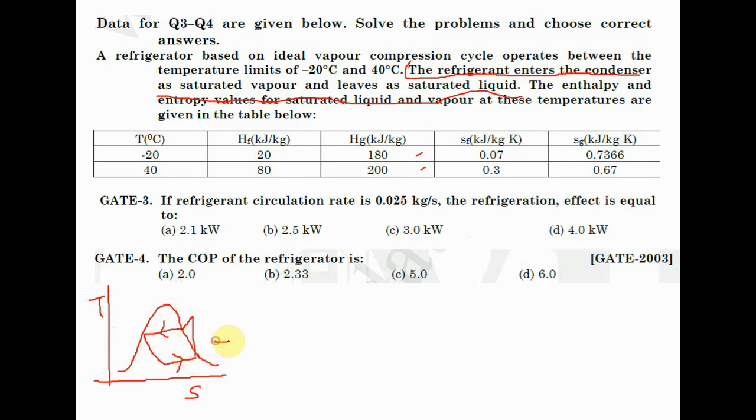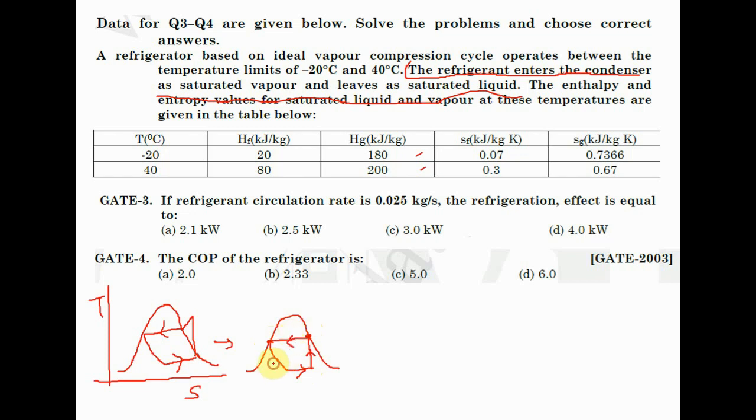That means this cycle is modified for the question as this one. It enters the condenser, that means at this point it is saturated vapor. Then it leaves the condenser as saturated liquid. That means this is a straight line and directly the saturated liquid line. Then it comes like this and then horizontal.